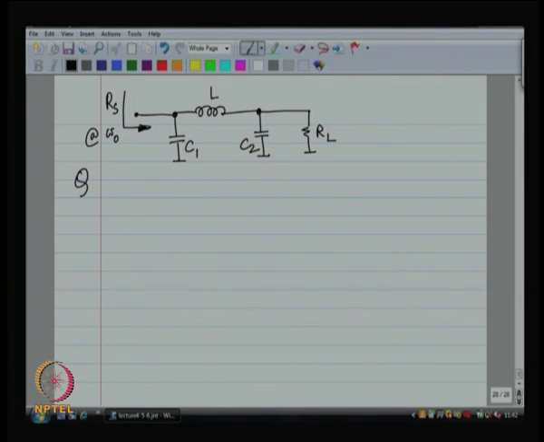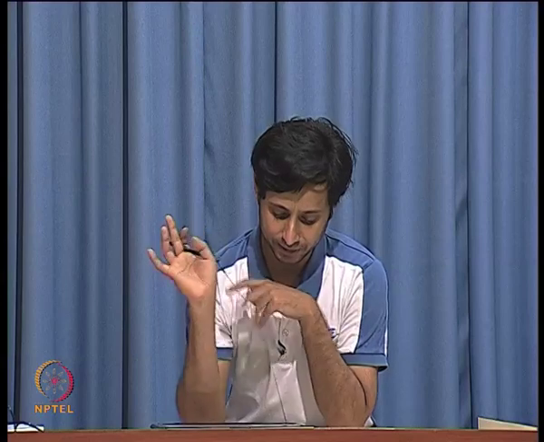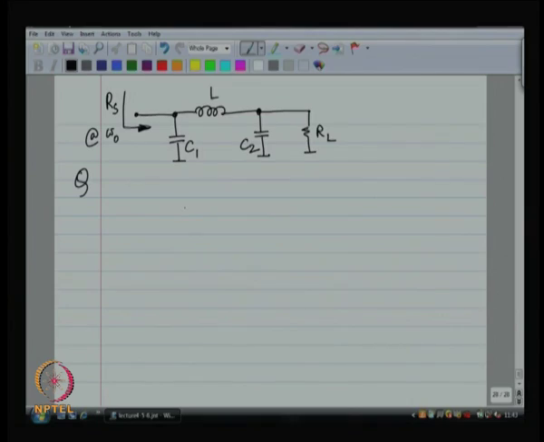Now, you can conceptualize this network as follows. Let us split L into 2 pieces, L 1 and L 2.